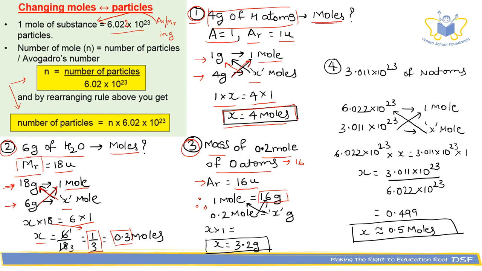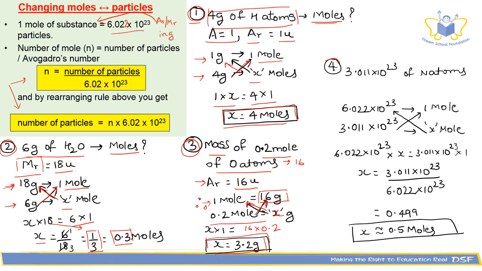So if 1 mole is going to have 16 grams of oxygen atoms, 0.2 moles will have, let's say, x grams. If you cross multiply, you're going to get x into 1 is 16 into 0.2, and 16 into 0.2 is 3.2 grams. So therefore, the mass of 0.2 moles of oxygen atoms is going to be 3.2 grams.